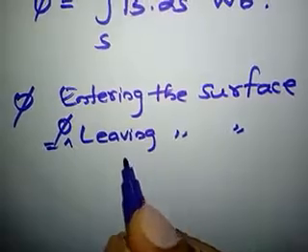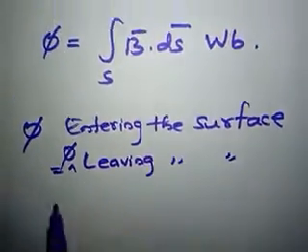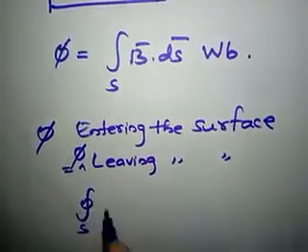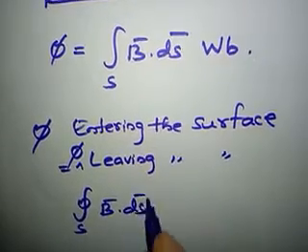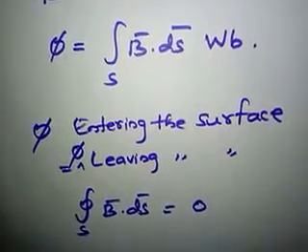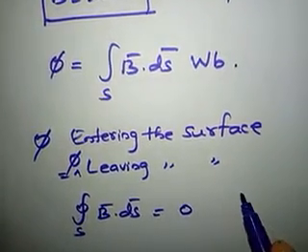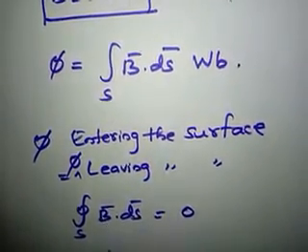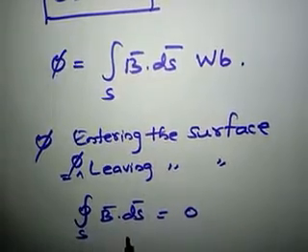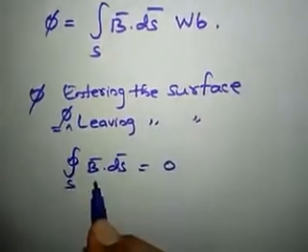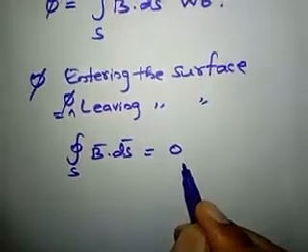So we can write the surface integral of B bar dot ds bar is equal to 0. Why is it 0 here? Because the net flux is 0, the flux entering is equal to flux leaving the surface. As B is phi by A, and the net flux is 0, we can also write that the surface integral B bar dot ds bar is equal to 0.